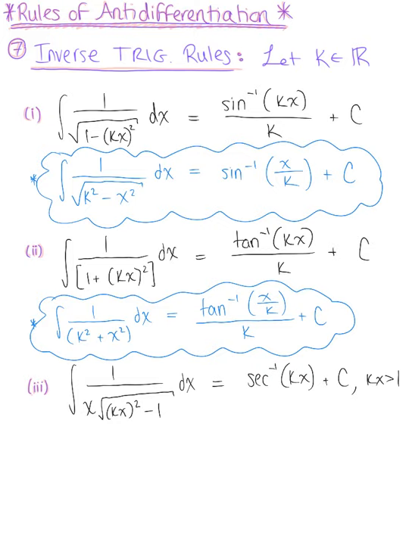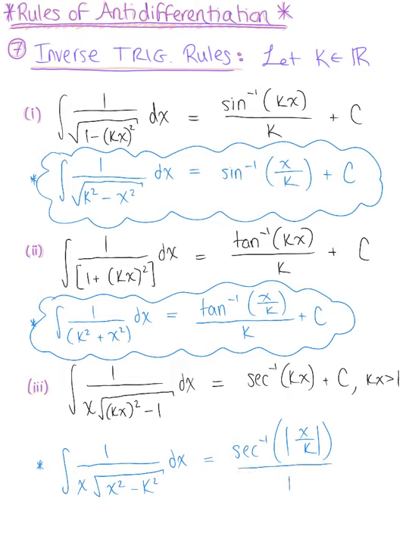And then last but not least, we also have a generalized antiderivative for inverse secant. So this is 1 by x multiplied by the square root of x squared minus k squared dx. And this antidifferentiates to inverse secant of the absolute value of x by k, all divided by k, plus c.